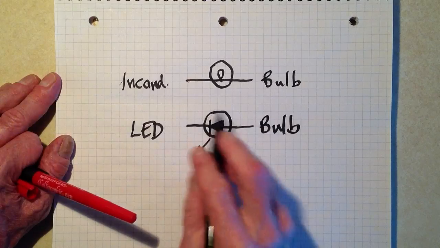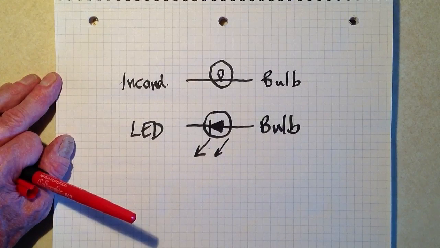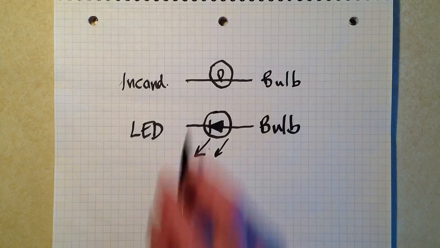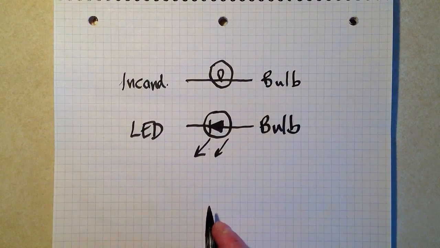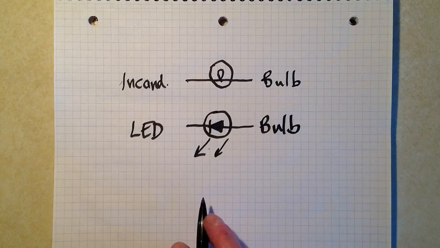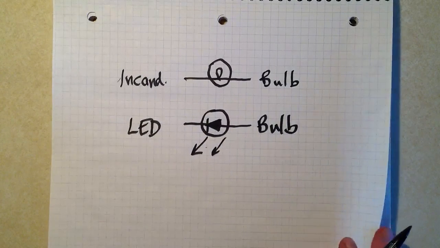A diode with a little circle and some arrows. Sometimes the circle isn't there. So those are a couple more schematic symbols that you will occasionally encounter as you work your way through electricity and electronics.